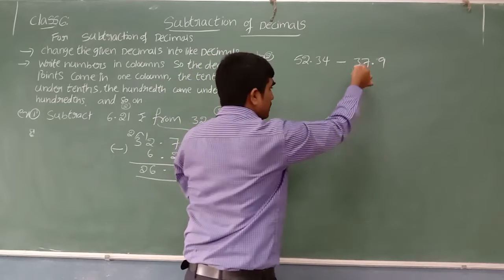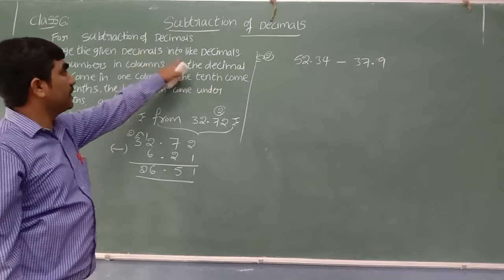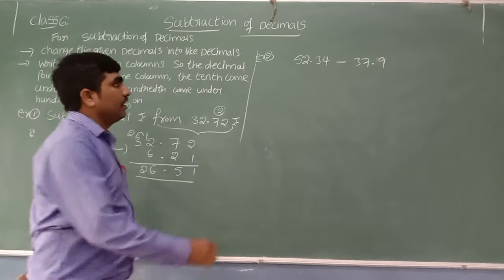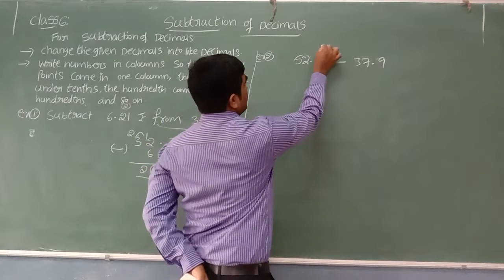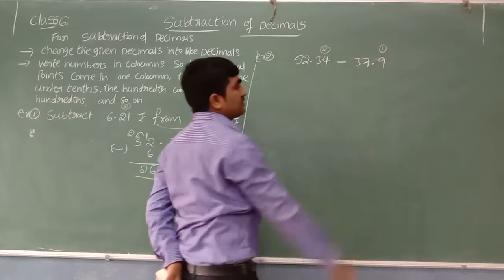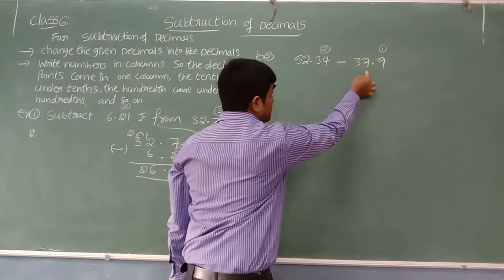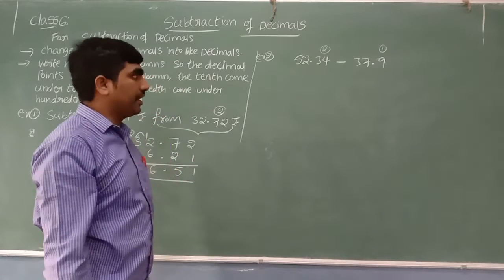If they are like decimals, continue the subtraction. If they are unlike decimals, we need to convert them into like decimals. See here, after the point two decimal places, and after the point one decimal place. They do not have the same number of decimal places. Both are called unlike decimals. Now these two unlike decimals we need to convert into like decimals.